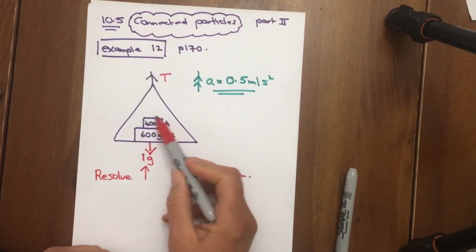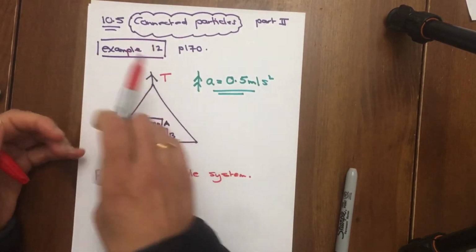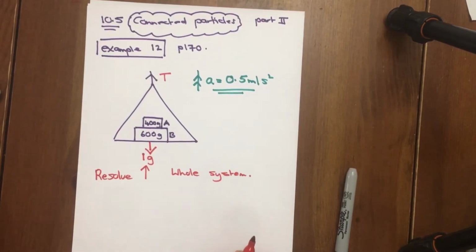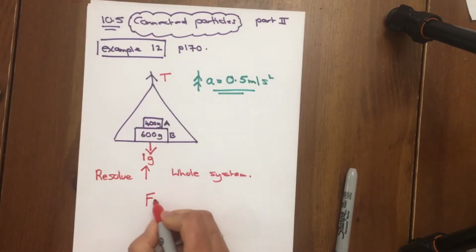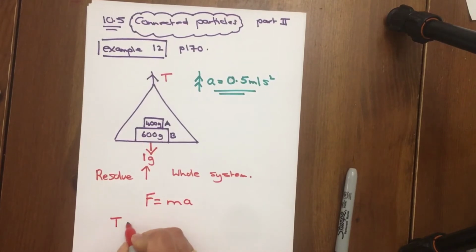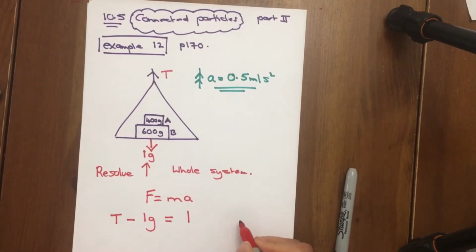I have got normal forces in here, but because I'm looking at the whole system, they will cancel each other out. Right. So, if I look at doing F equals ma on the whole system, I've got T going upwards, I've got 1g going downwards, the whole mass is 1 kilogram.